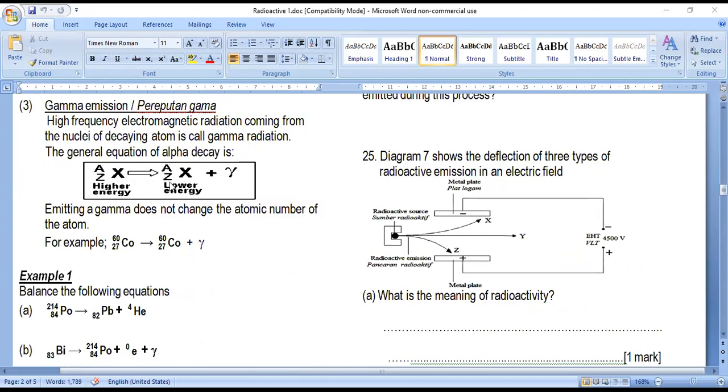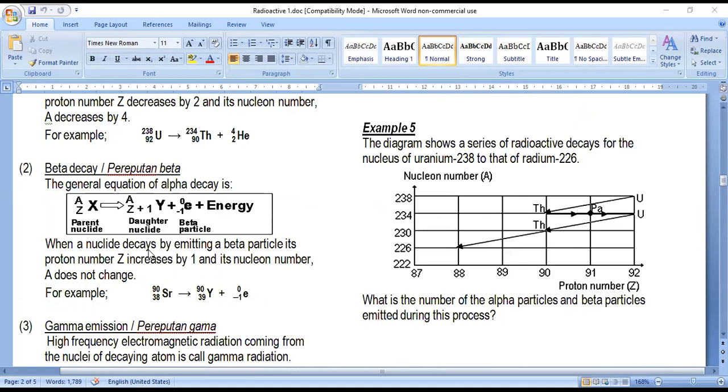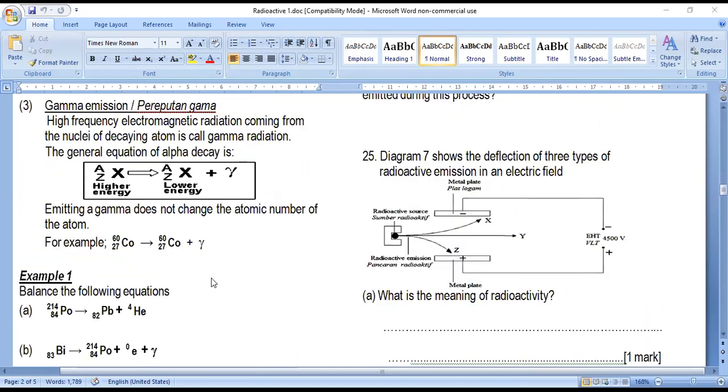The only thing is the energy will be lower, because some of the energy is converted into gamma ray. For example, cobalt 60: after decay, it is still cobalt 60. But in beta and alpha decay, the element will change, because it has a different proton number.